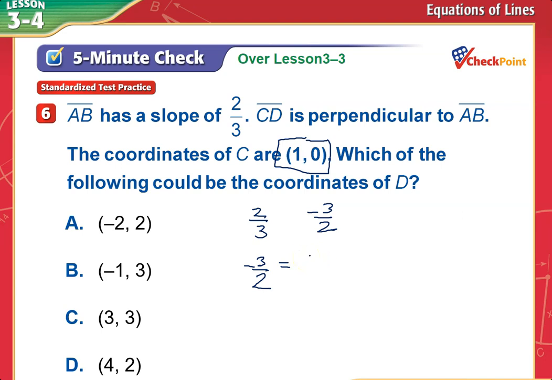And so we would have to have something that would say the difference in the y's. So we'd say something like maybe 0 minus y over 1 minus x would have to be a slope of -3/2.